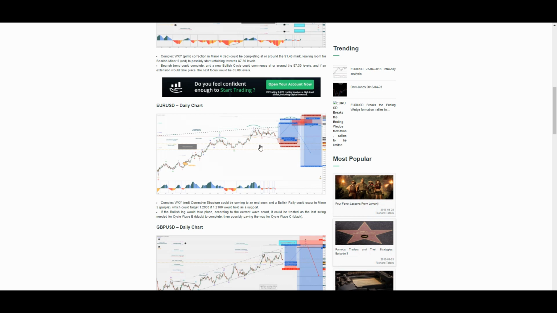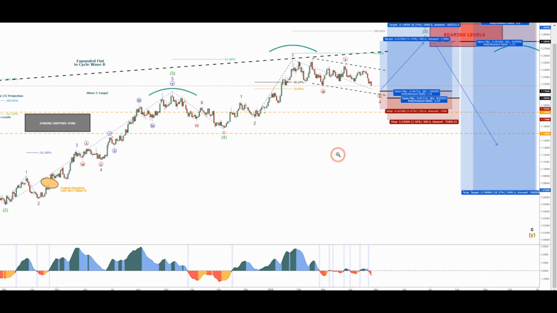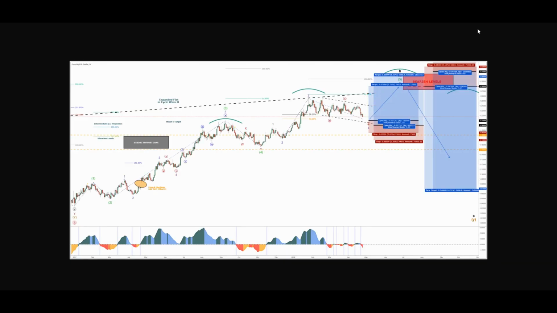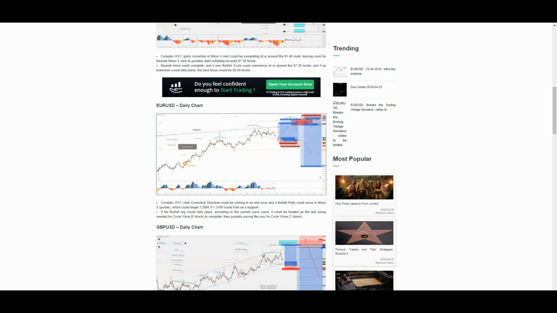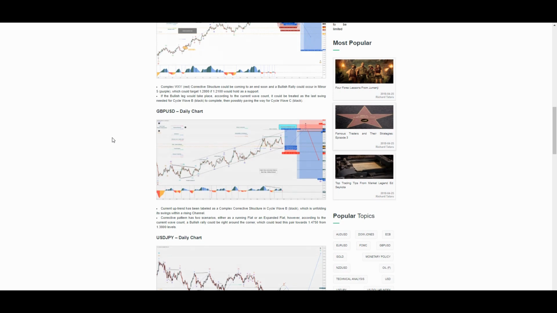I mean trend continuations, on a larger scale, for instance, on the EUR/USD right here, from possibly this area to shoot on the upside on a bullish fifth leg, and possible weakness of the US dollar, completing more complex corrective patterns. In simple terms, corrective patterns possibly completing, and the cycles continuing.